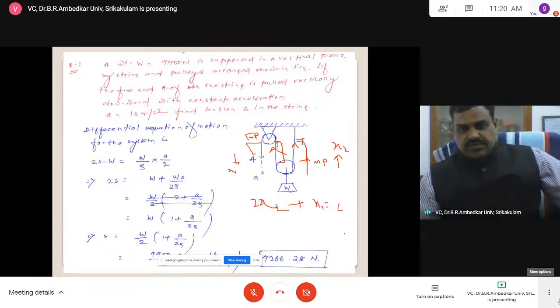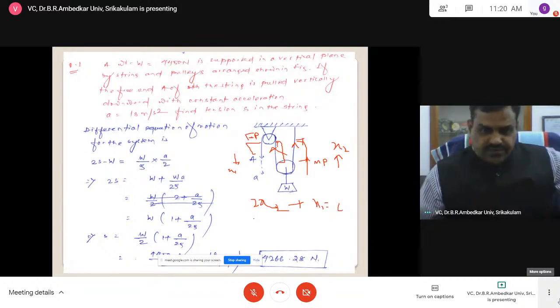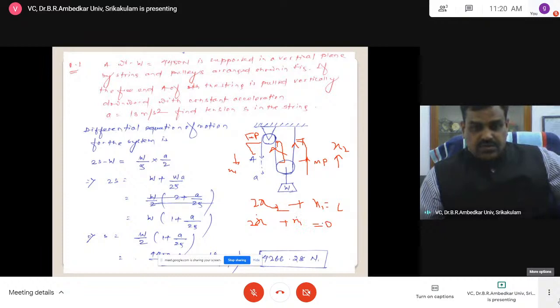But if you differentiate, 2 x2 dot plus x1 dot is equal to 0. Or in other words, differentiating again, 2 x2 double dot plus x1 double dot is equal to 0.